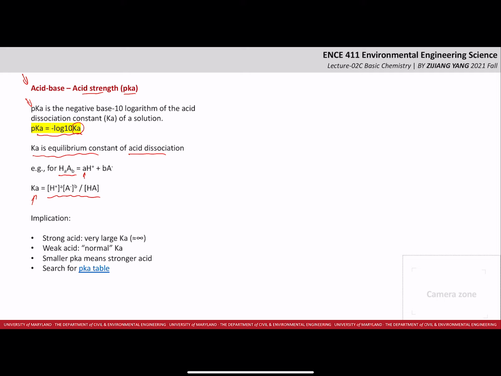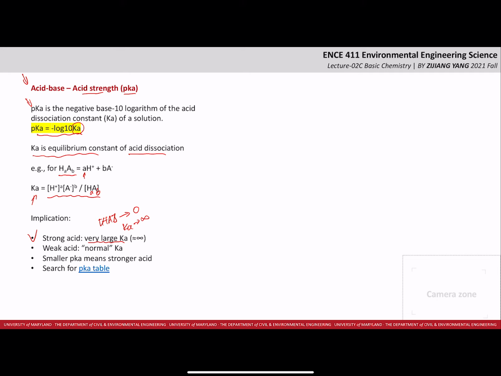And based on this definition, we can see that for a strong acid, we will have a very large Ka, because for a strong acid, the concentration of acid HA will become 0. The concentration will approach 0, so the Ka will approach infinity.